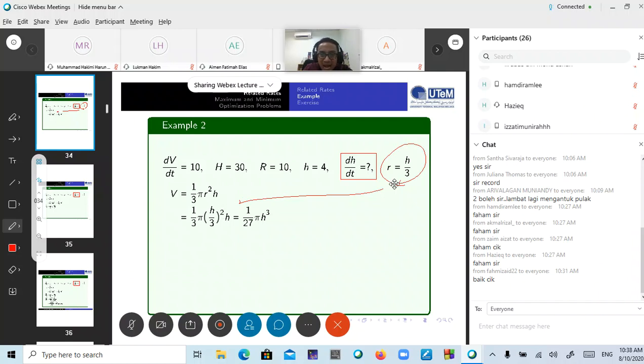Saya substitute R equal to hash over 3 here. Okay, you substitute. So it's become 1 over 27 pi hash cube. Simplify hash tu dalam sebutan hash. Boleh faham tak macam mana dapat ni? Faham tak tu?